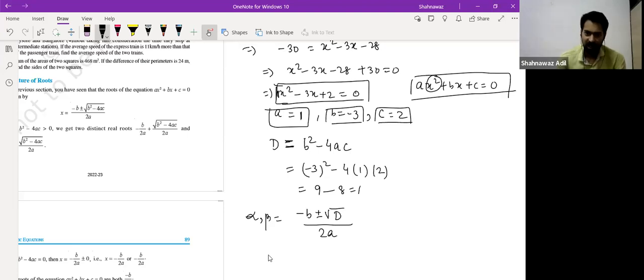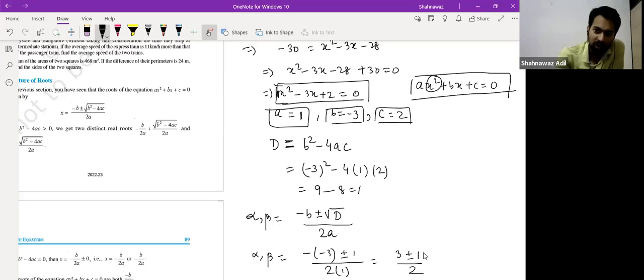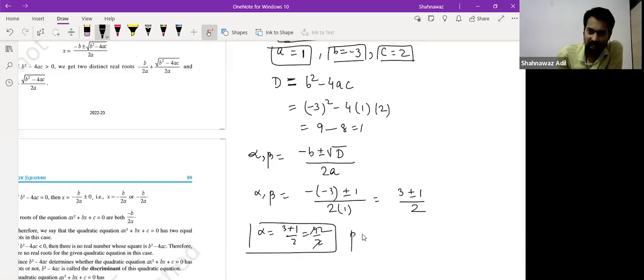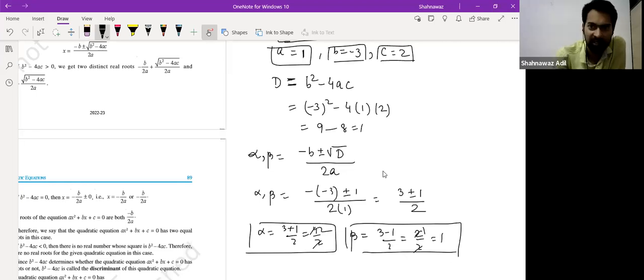So alpha, beta is minus of minus 3 plus minus 1 by 2 into 1. Right, so this is 3 plus minus 1 by 2. So alpha is 3 plus 1 by 2, 4 by 2, 2, right? And beta is 3 minus 1 by 2, 2 by 2, 1. Right, so we have 2 and 1 as the solution. Right, guys?